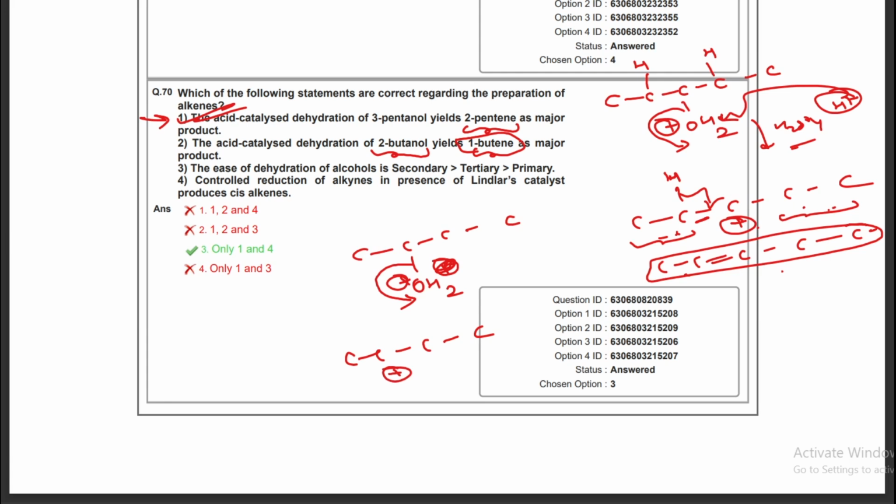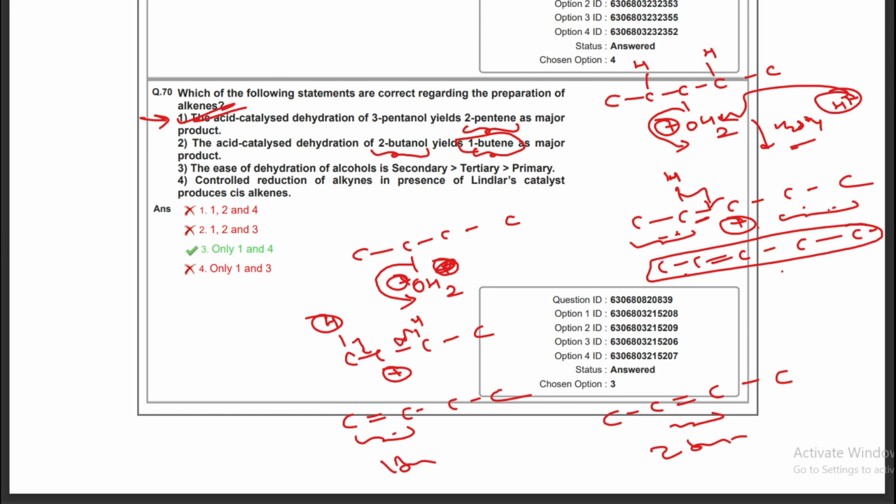Now what will happen here? They are saying 2-butanol, and there are two chances. H can be removed from this side or this side. If this side is removed, there will be a double bond at this position, right? And if from this side, you will see a double bond at this position. In both cases, this is 1-butene, this is 2-butene, but the more substituted alkene is the more preferred product, or more stable.